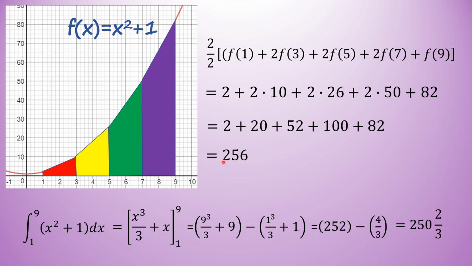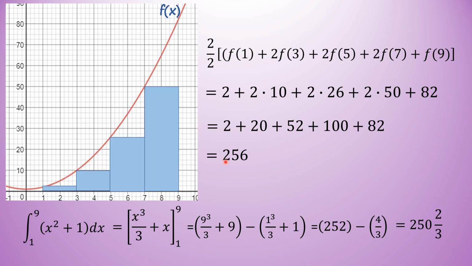Our approximation with trapezoids gave us 256. So it was a pretty good approximation. It's just over 5 square units off. Still a pretty good approximation, especially in comparison with the approximation you would get from inscribed rectangles as opposed to trapezoids.